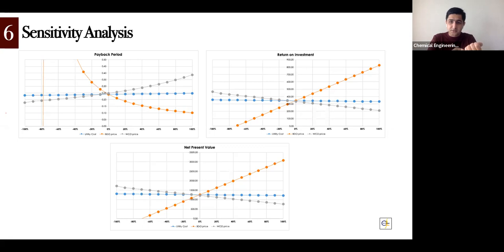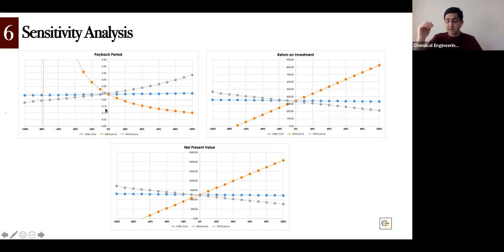The product cost, if it changes, it affects the ability for us to pay back the loan, right? And you can see right here, if I change my biodiesel price, which is this orange line right here, if the biodiesel price increases, if it increased by 100%, you can see I can pay back all of my loan within 0.1 years.